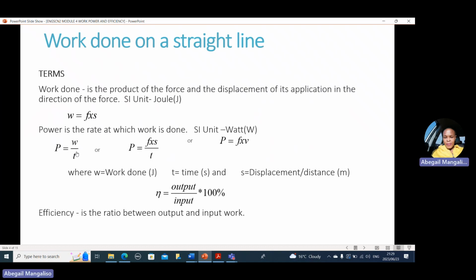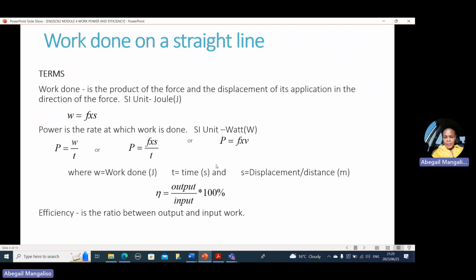Now, where there is work done, we can put the force multiplied by distance. As you can see, in the second formula, there is force multiplied by distance or displacement of its application, divided by T. Now, S over T is equal to V. Where there is S over T, we can put V. So another formula to calculate power is F multiplied by velocity, or it can be the speed of the object.